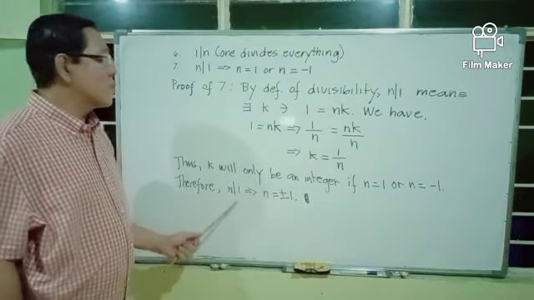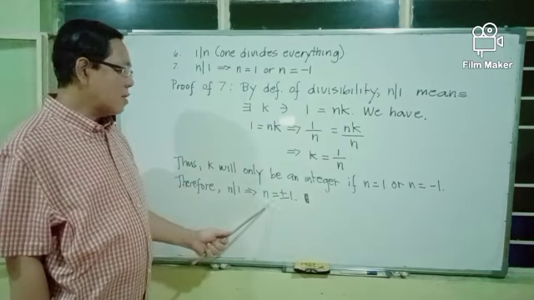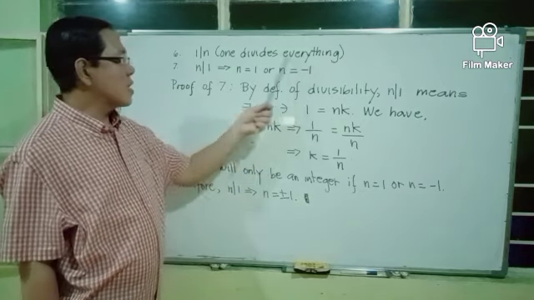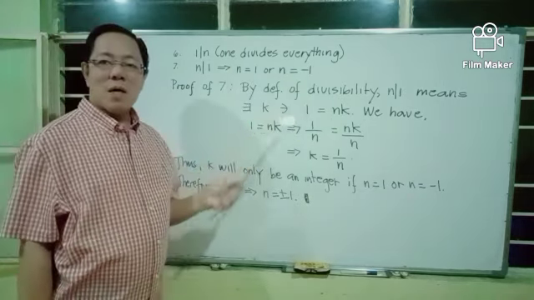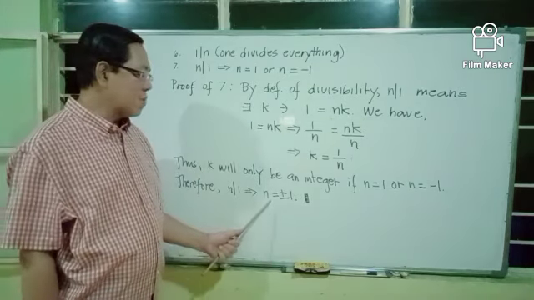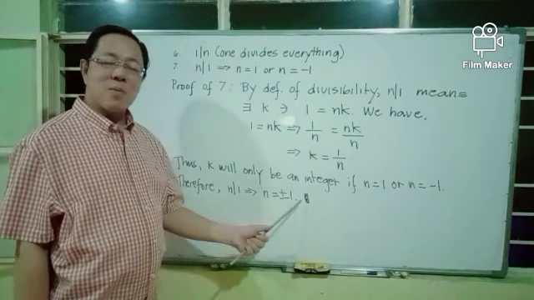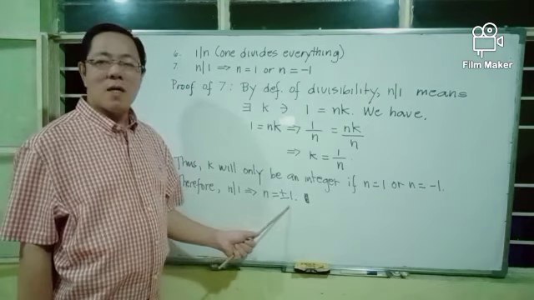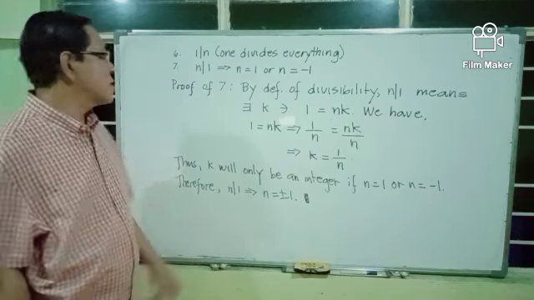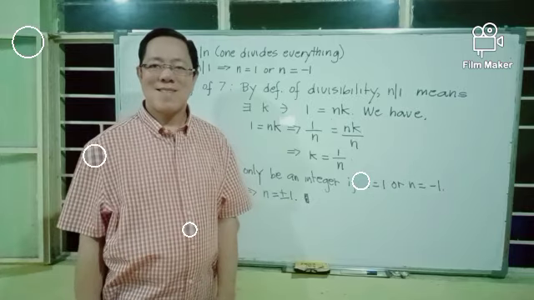Therefore, we conclude that 1 divides n implies that n is equal to 1 or n is equal to negative 1. Or we can write this as one expression: n equals plus or minus 1. That is, n either equals positive 1 or n equals negative 1. And that completes the proof of the 6th and 7th divisibility properties.